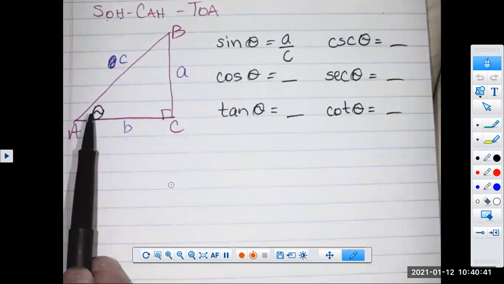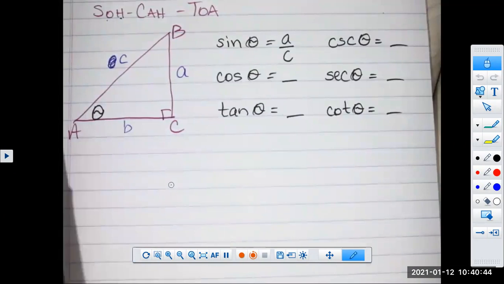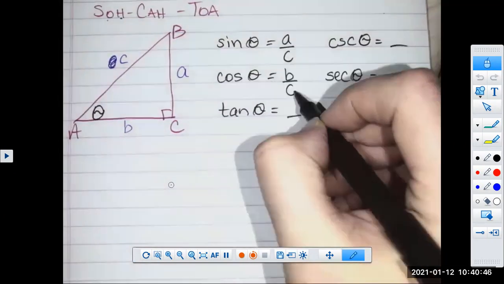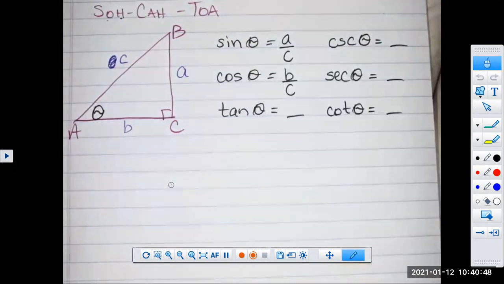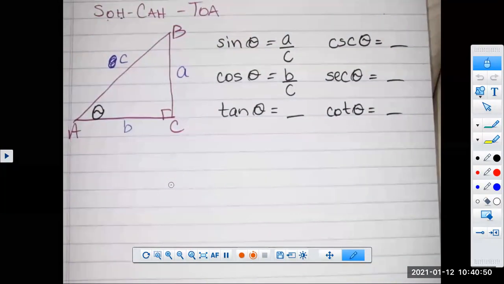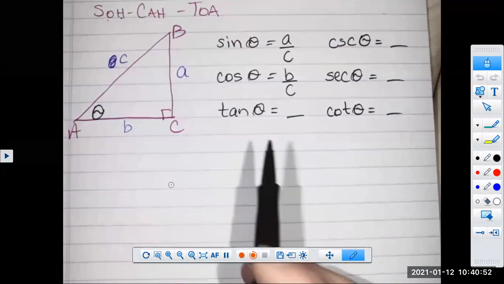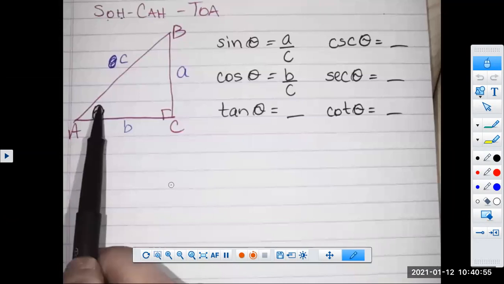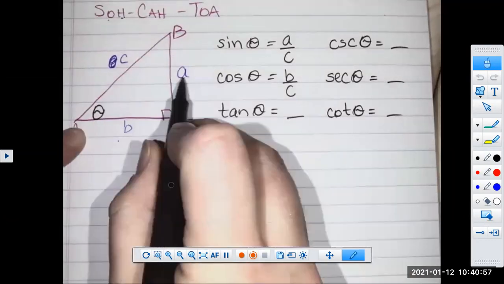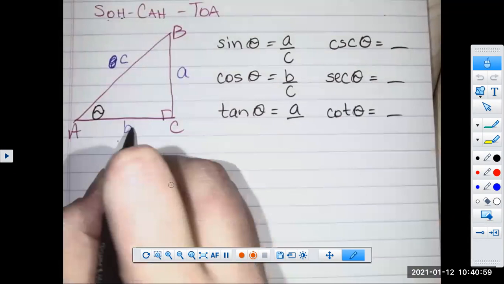Cosine of theta is your adjacent side over your hypotenuse, so it would be B over C. Tangent of theta, that's your opposite side over your adjacent side. So opposite is A, adjacent is B.